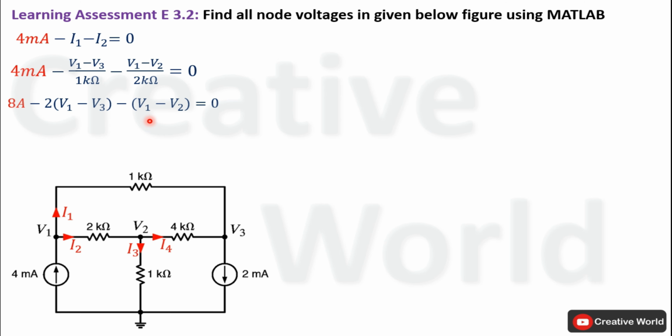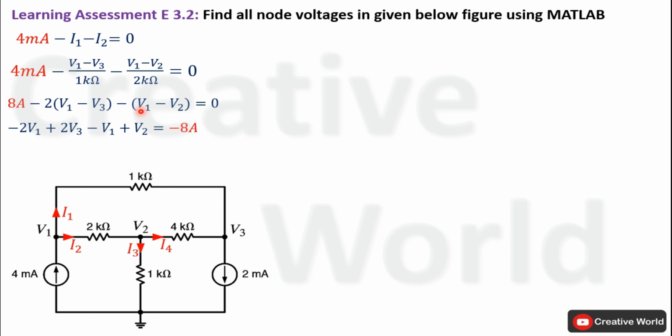Now open these brackets. This minus 2 will multiply with V1. It will become minus 2V1. And this minus V3 will multiply with minus 2, so it will become plus 2V3. This 8 ampere is placed on the other side of the equal sign to separate constants from variables. Similarly, minus 1 is multiplied with V1, it will become minus V1.